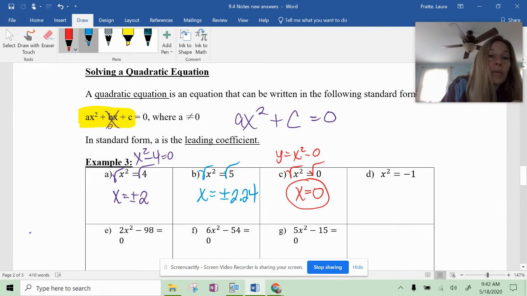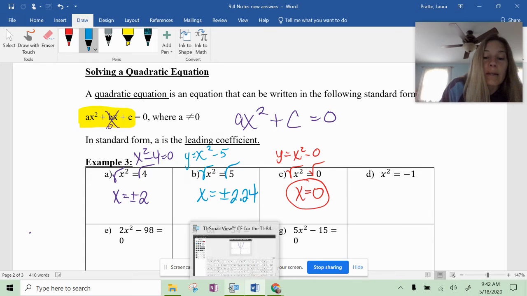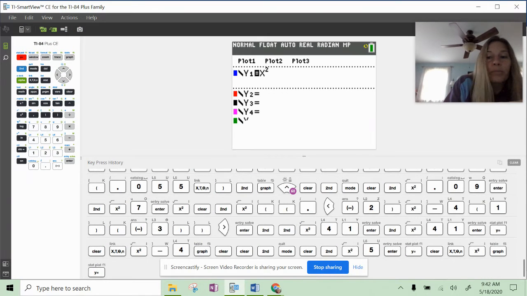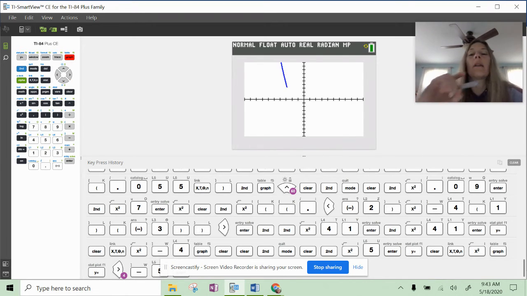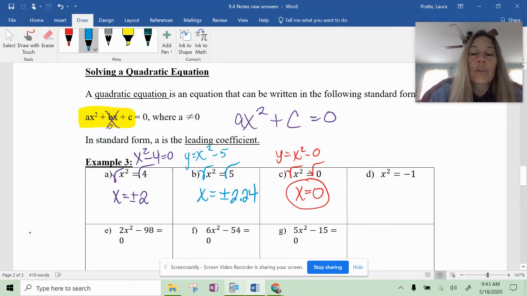Now let's try the one we did for example B. This one, if I move my 5 to the other side, it's x squared minus 5. So if I graph that one, you'll see that it's crossing through at negative 2 point whatever and positive 2 point whatever. So you can see that that's what we're finding here.